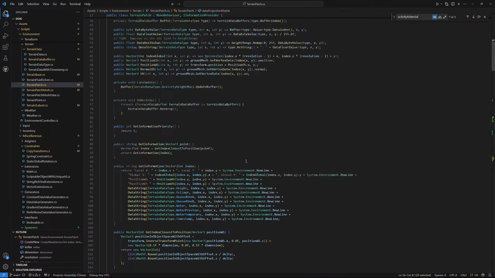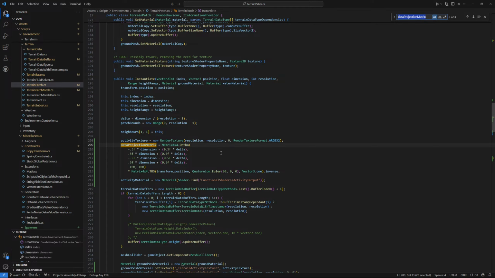This one bothers me a bit as well. Let's see here. Okay, first of all, this is the view matrix and this is the projection matrix. We can probably clean this one up.